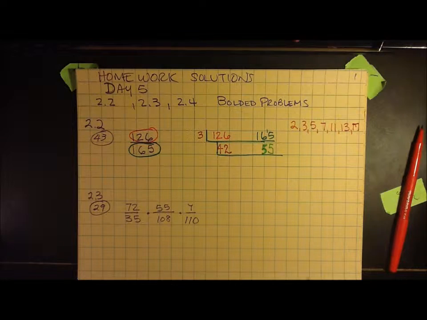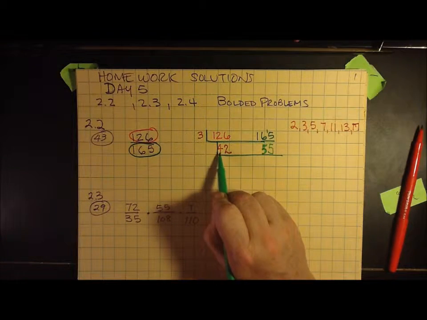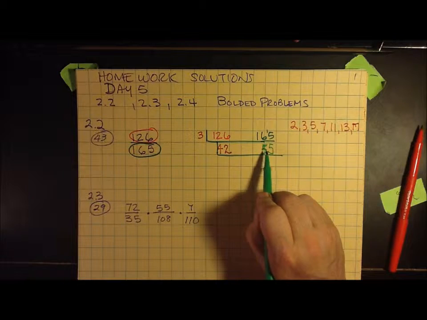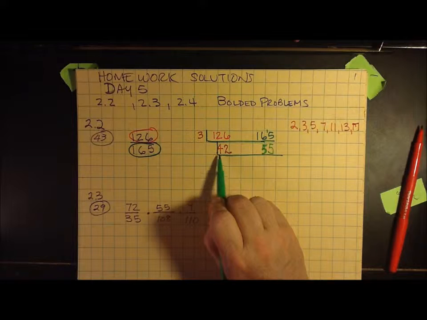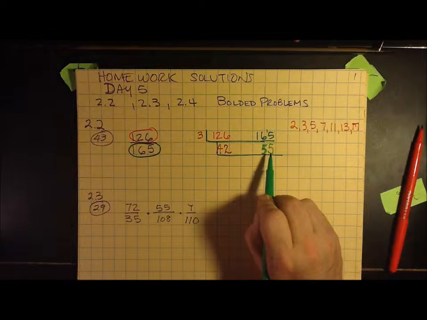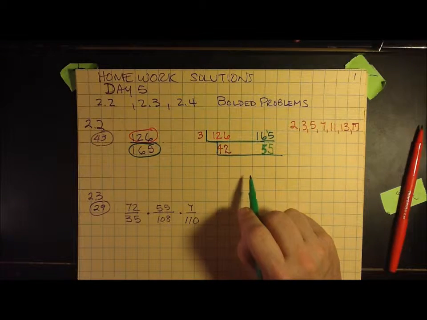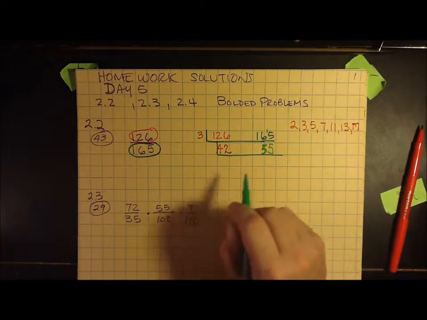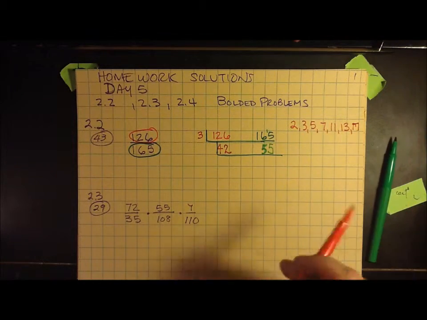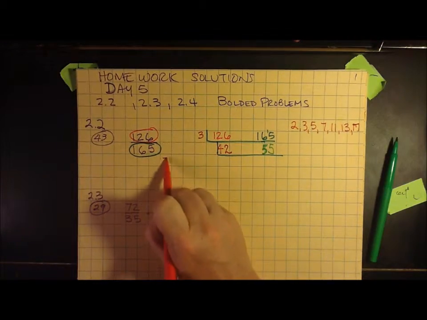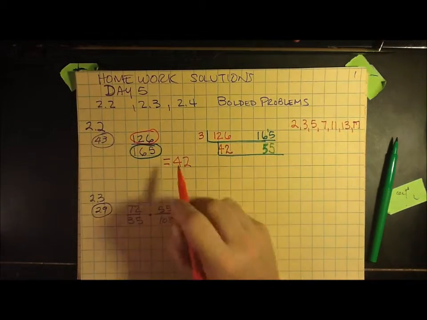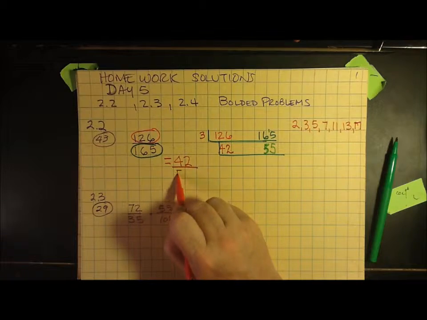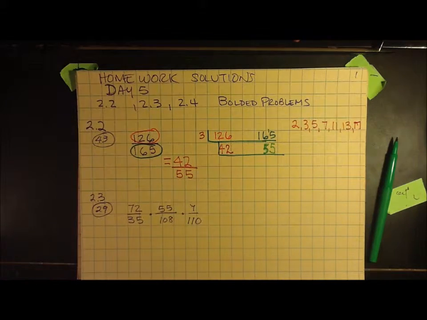Probably not though, because this is 6 times 7, and that's 5 times 11. I've taken as much out of that as I can, so my final answer, reducing that fraction, equals 42 as the numerator and 55 as the denominator.